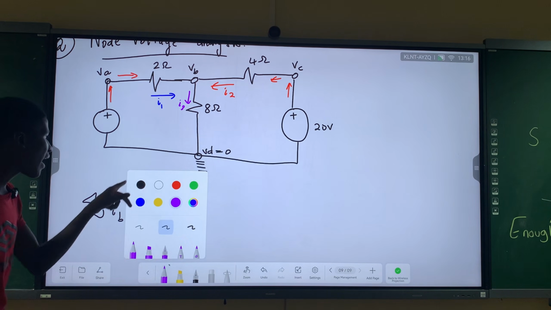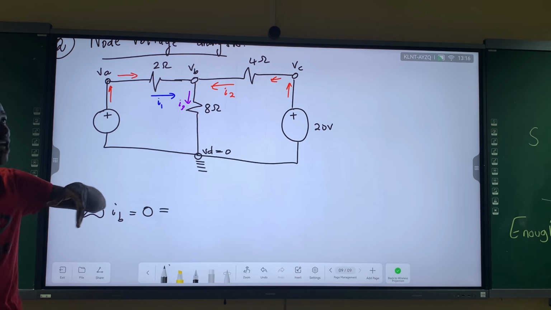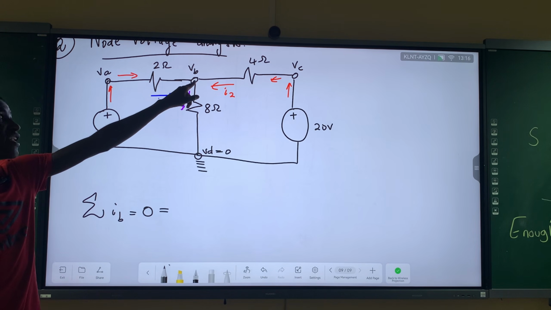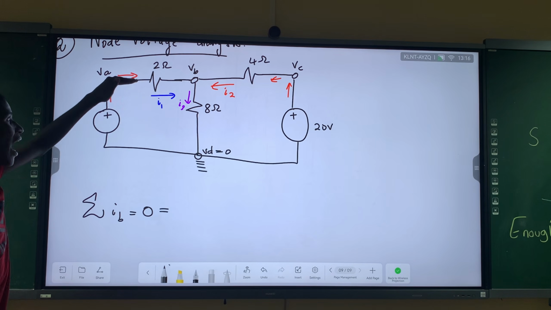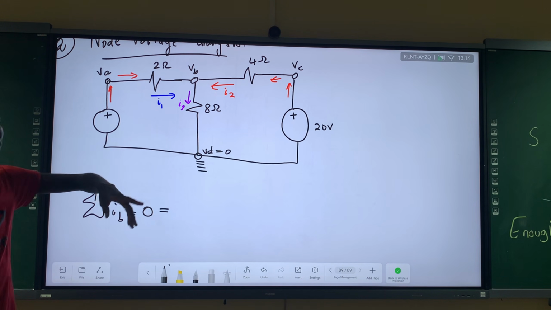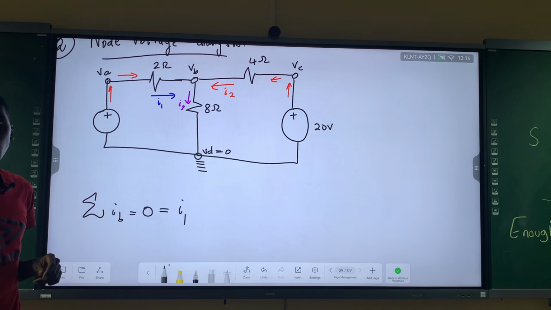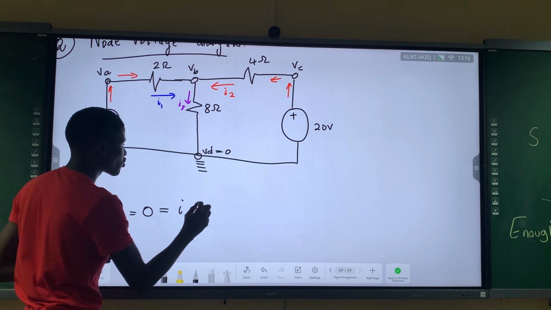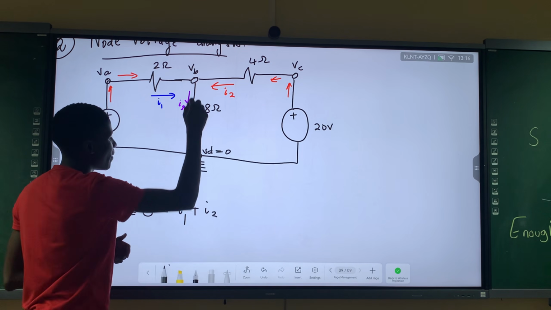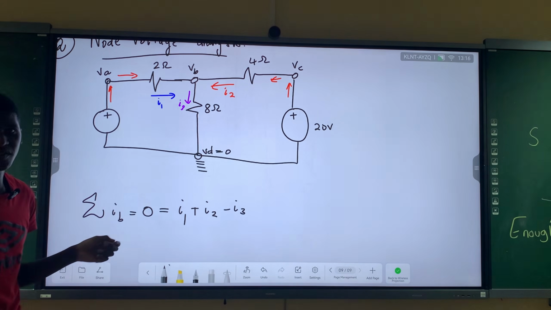So if we want to apply Kirchhoff's current law based on the currents that we have, on node B, currents entering will be positive and currents leaving will be negative. I1 is positive, then I2 is also positive, but I3 is negative. All of this must be equal to 0.